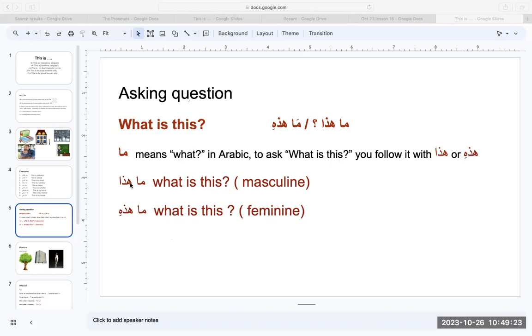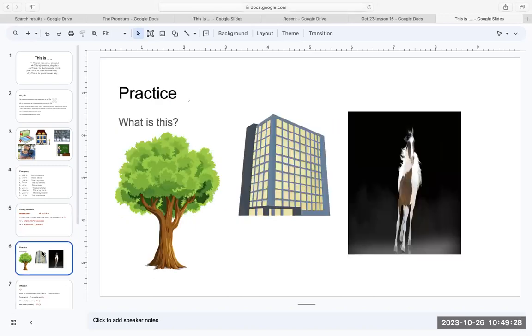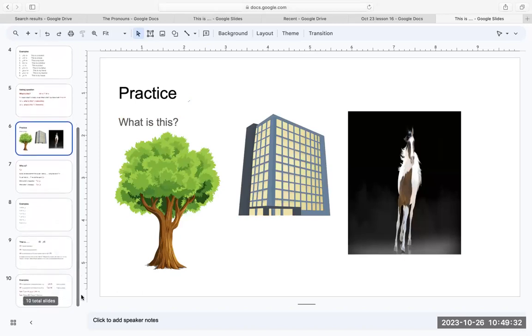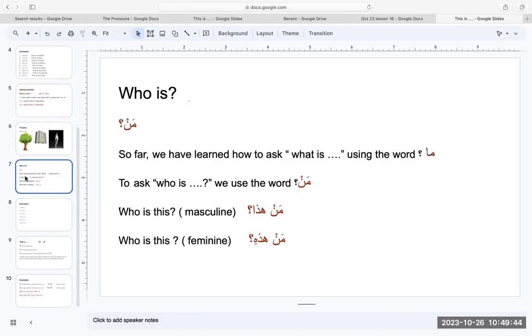And as we talked about, هذا is for masculine and هذه for feminine. So here in this example, ما هذه. هذه شجرة. ما هذه. هذه بناية. ما هذا. هذا حصان. So practice it in your own way.